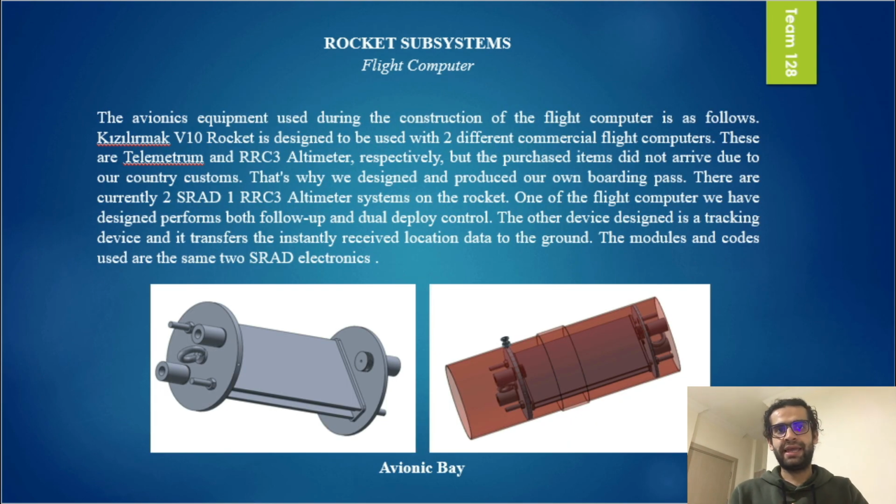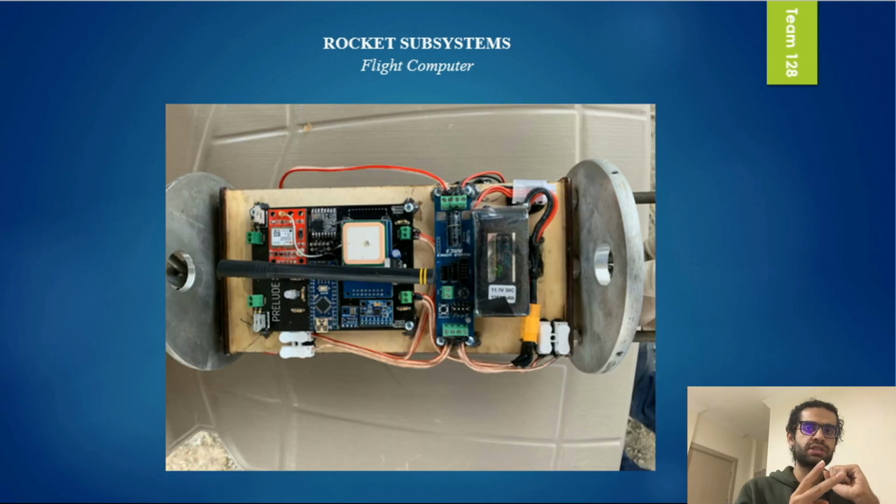In the first progress update, we focused on 3 commercial systems for our computer. However, since the ordered products had problems at customs, the team developed their own flight computers. Finally, we used 2 different student research computers and 1 commercial system in the avionics section.